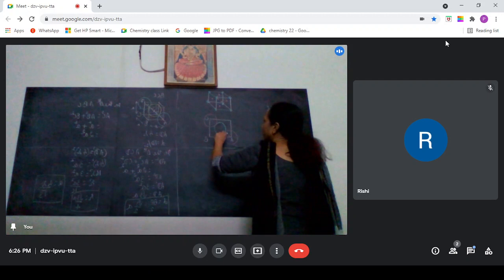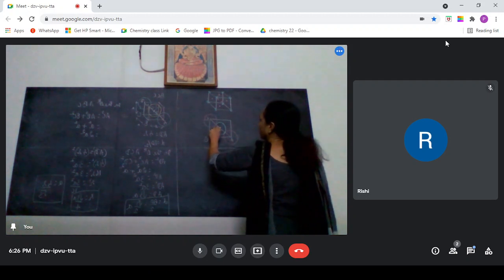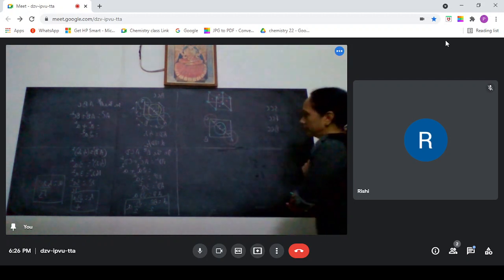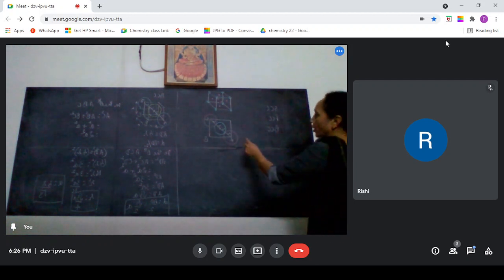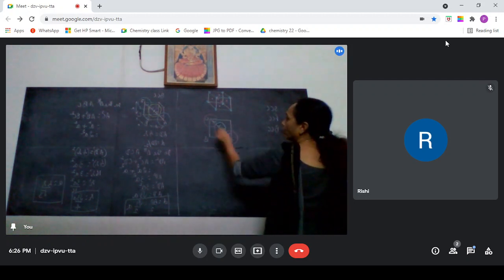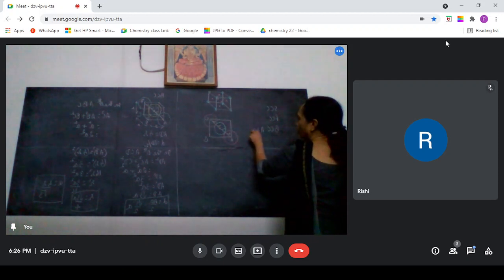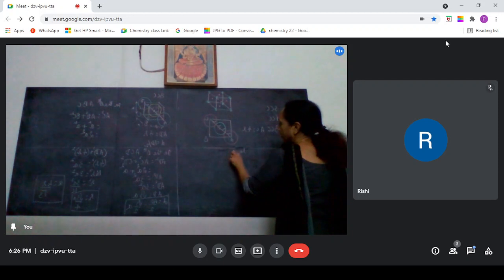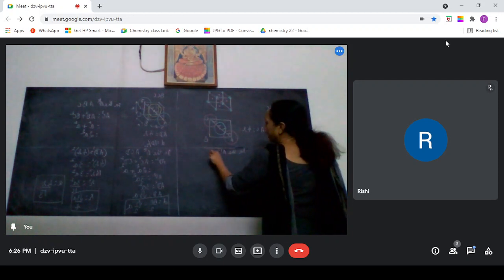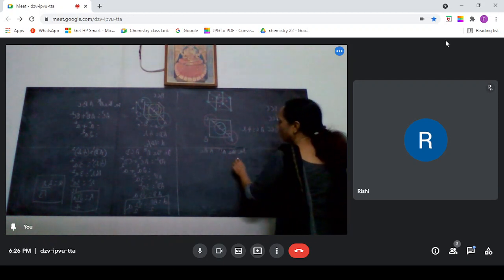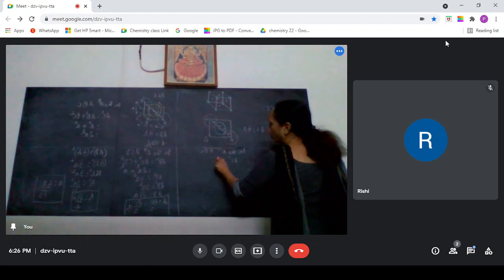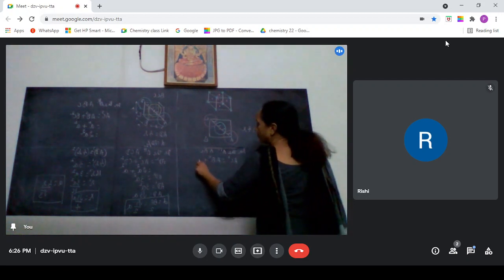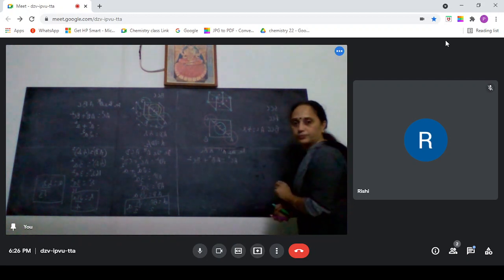Here also if I join, same as that. You will have R plus R plus R plus R. Now AC is equal to 4R. In the triangle ABC, AC square is equal to AB square plus BC square.